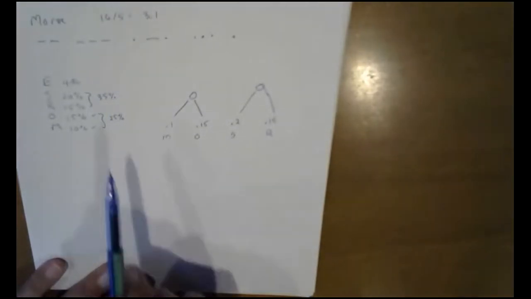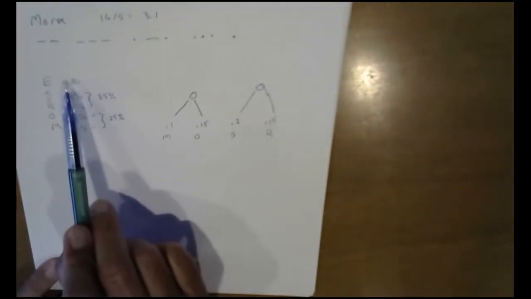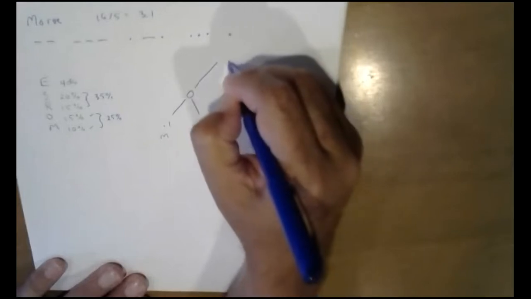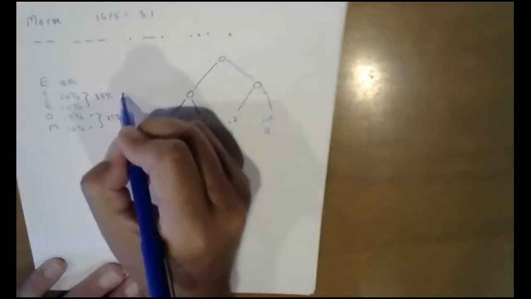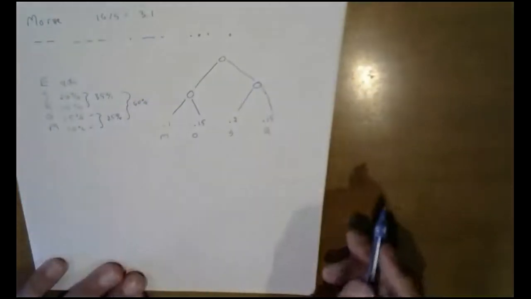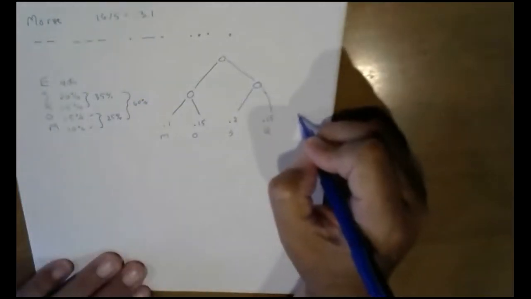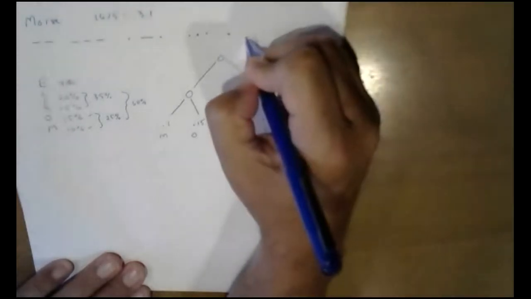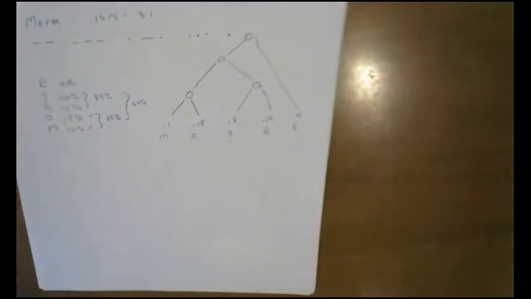These guys combined and gave me a 35%. Now, with what I have left, what are my smallest? Well, E is 40, this pair is 35, and this pair is 25. So I'm going to put these two together, which now gives me a 60. And I have my E, which is 40. So now I'm going to take my E out here and combine it with that left subtree.